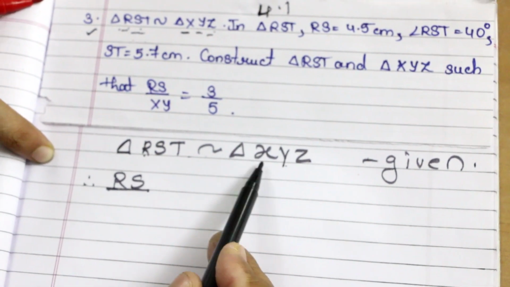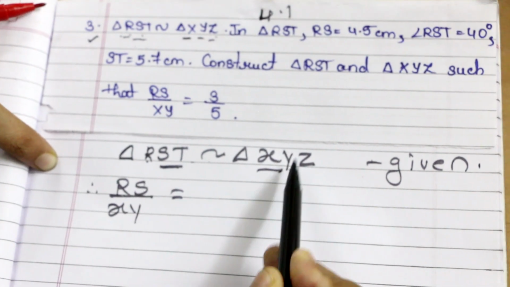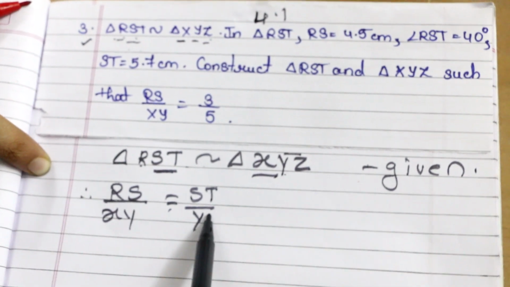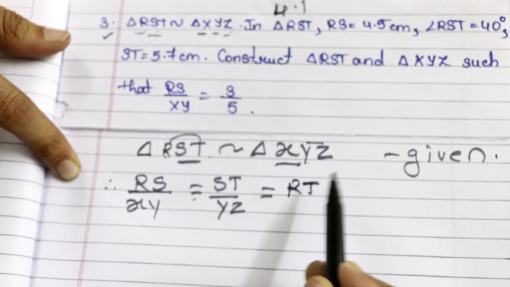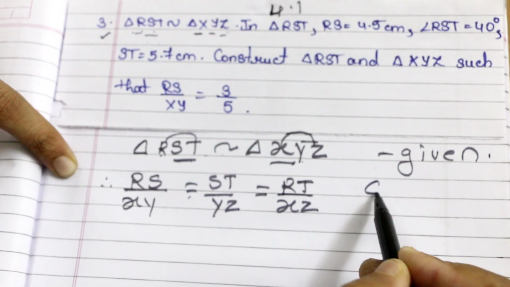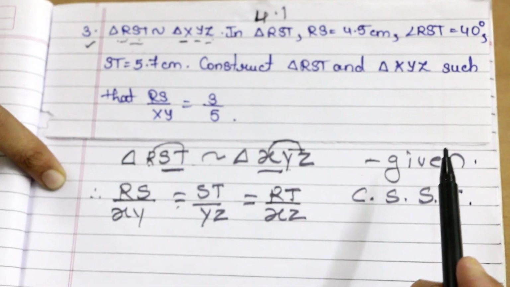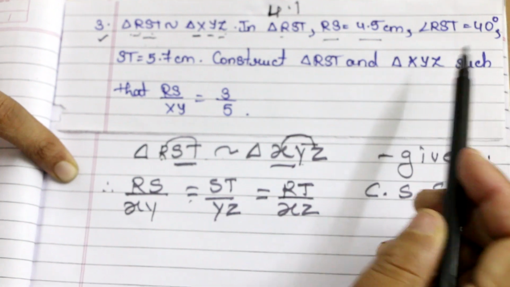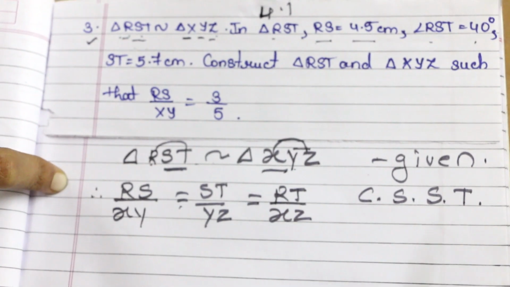RS upon XY equal to ST upon YZ, equal to RT upon XZ. This is the way, children, you have to take. Reason is corresponding sides of similar triangles. Now, in triangle RST, RS is given 4.5, angle RST is given 40 degrees, and ST is given 5.7.